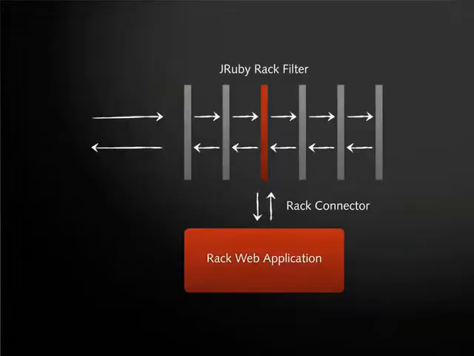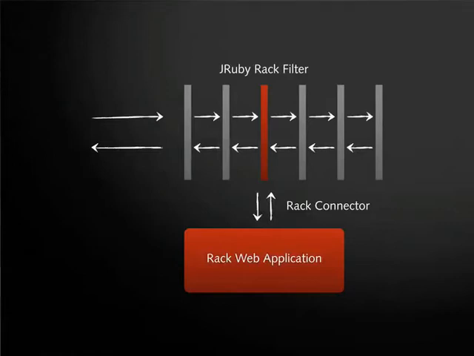And its web apps can be deployed in standard servlet containers. So you can basically take a Ruby app and deploy it to Tomcat or to whatever standard Java application server you're using. How is this done?